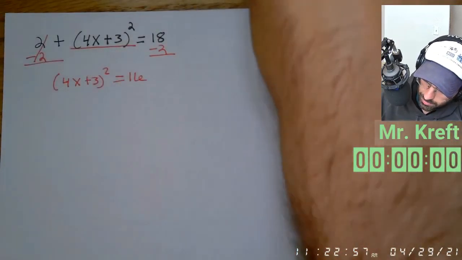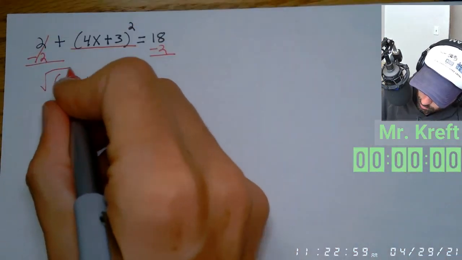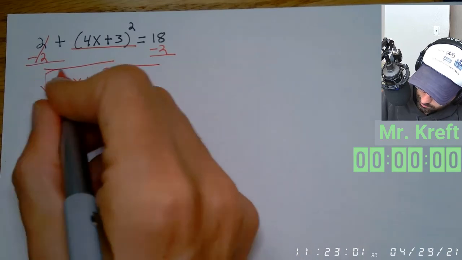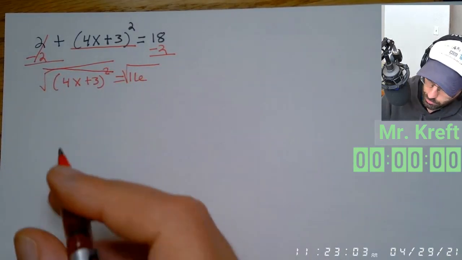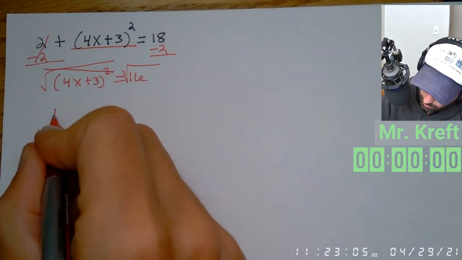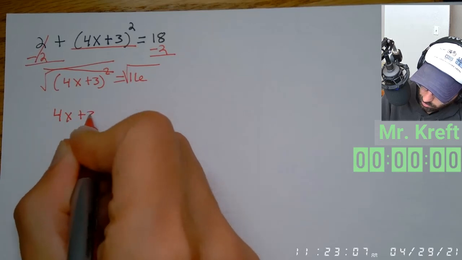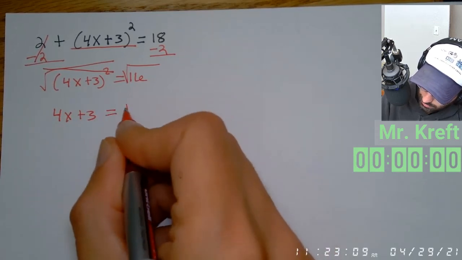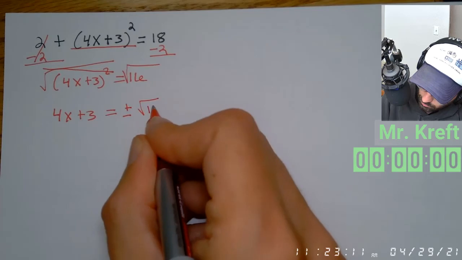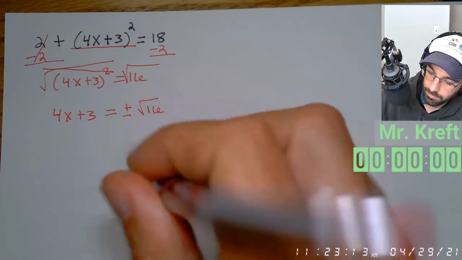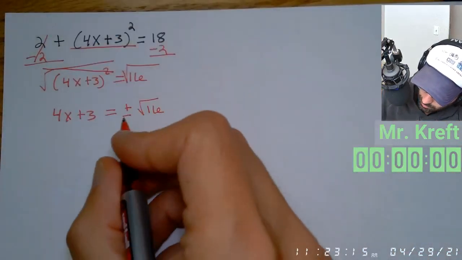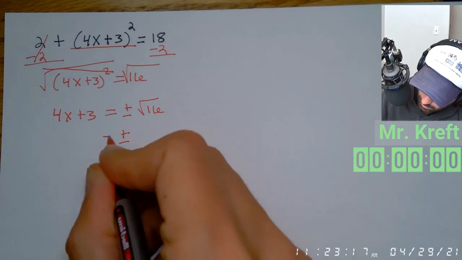Okay. So then I'm going to take the square root of both sides because I isolated the squared term. So those are going to go away on the left side. So I'm going to end up with 4x plus 3 equals, and then I have plus or minus the square root of 16.